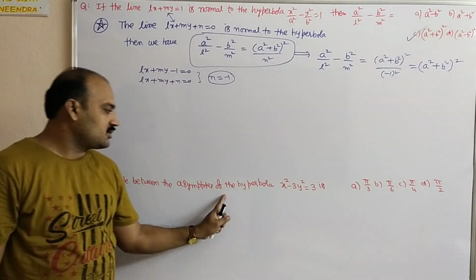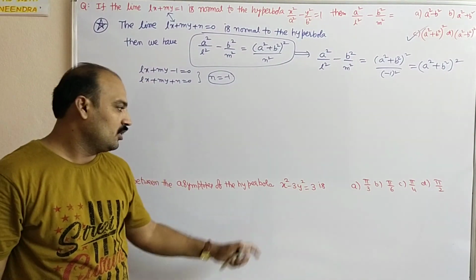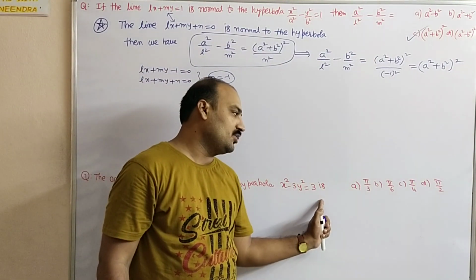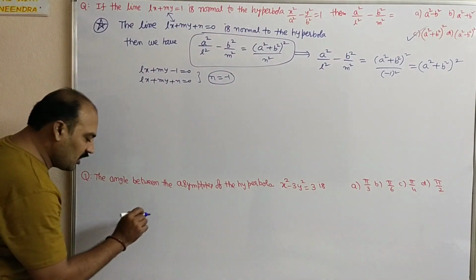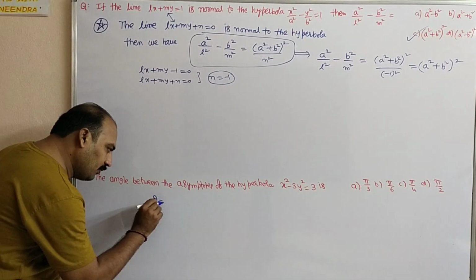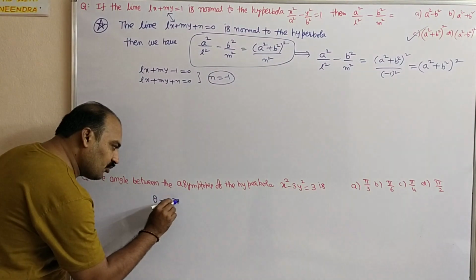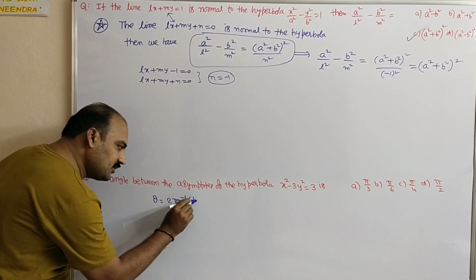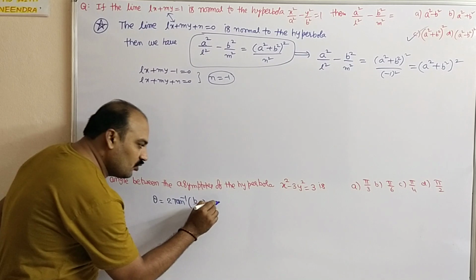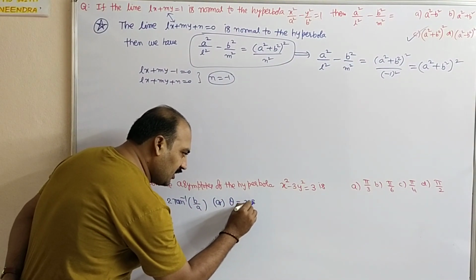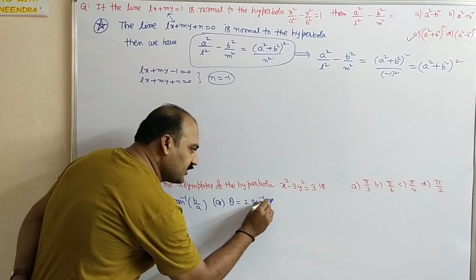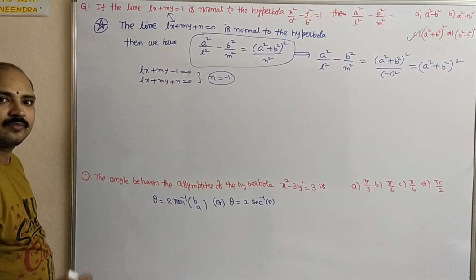The angle between the asymptotes of the hyperbola x square minus 3y square equal to 3 is. We know that the angle between the asymptotes of the hyperbola is theta equal to 2 tan inverse of b by a. Otherwise, we can apply theta equal to 2 into secant inverse of e, e is the eccentricity of the hyperbola.